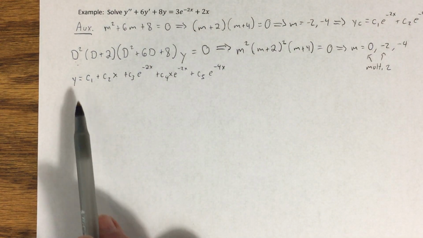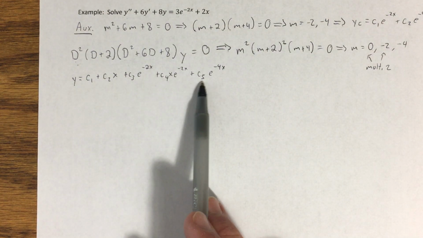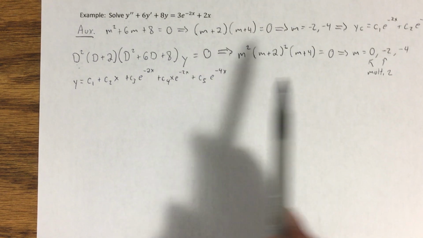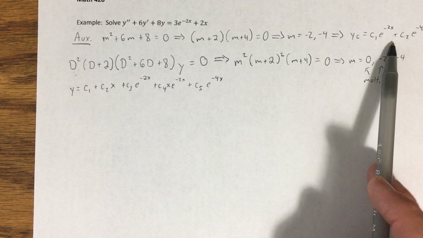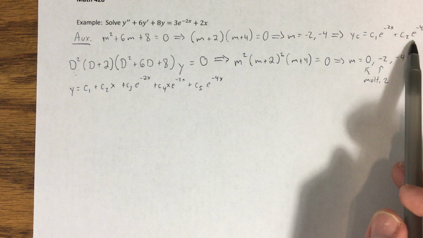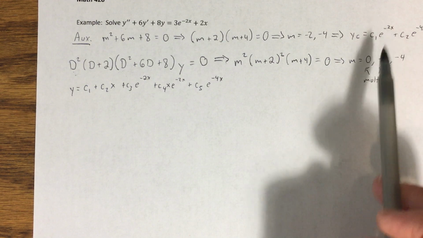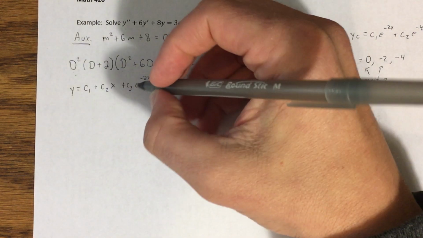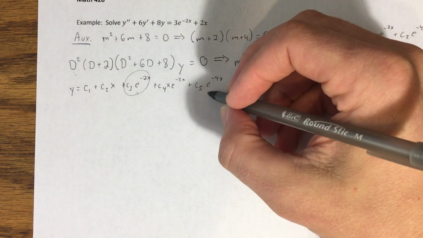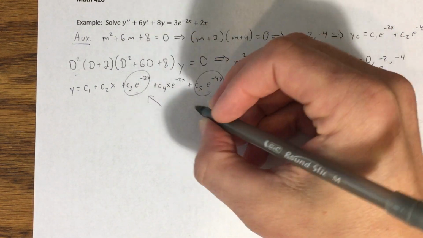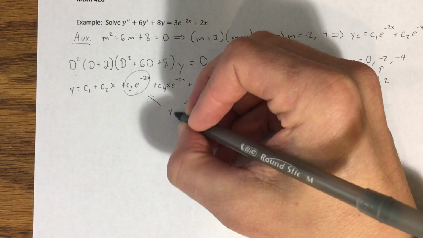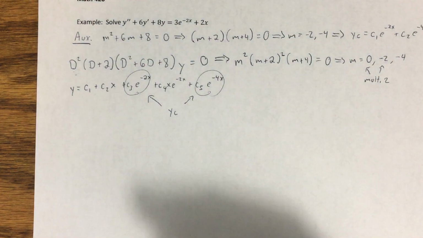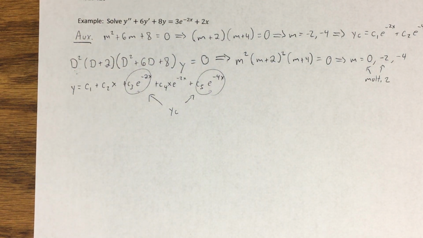Okay? What we want to do now is comb through this and identify which terms coincide with the terms of my complementary solution. And I can see I'm going to have an e to the negative 2x term and an e to the negative 4x term. That corresponds to these. Together, those are what my complementary solution is made up of.